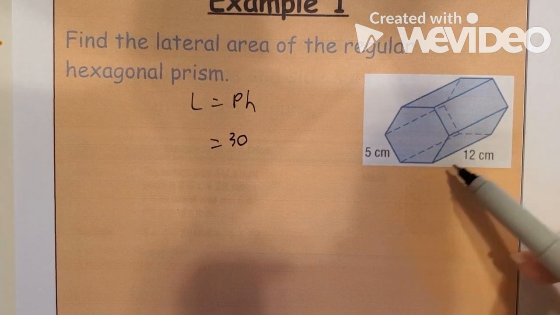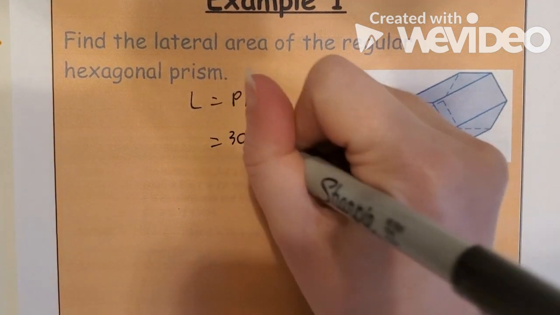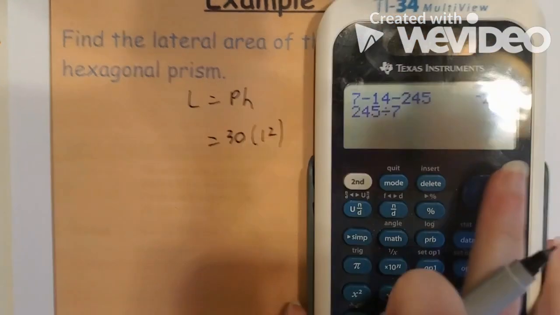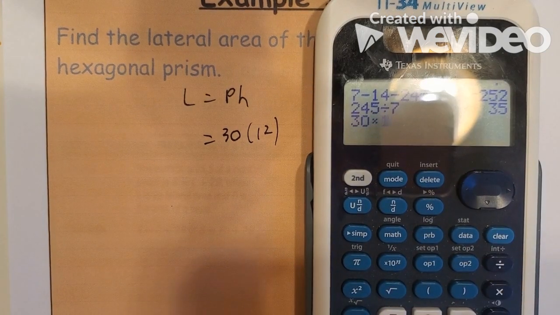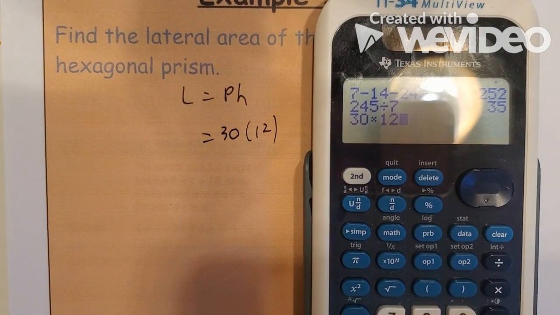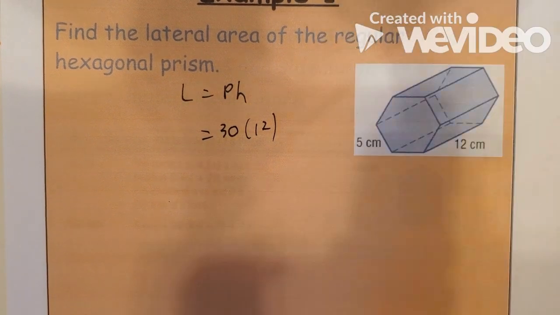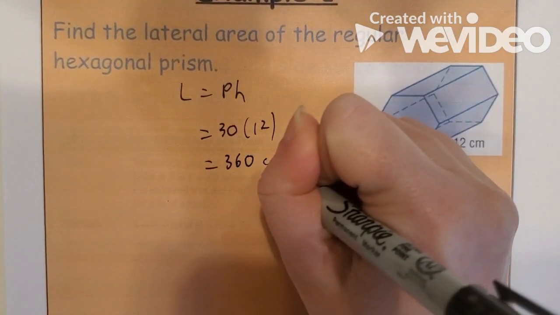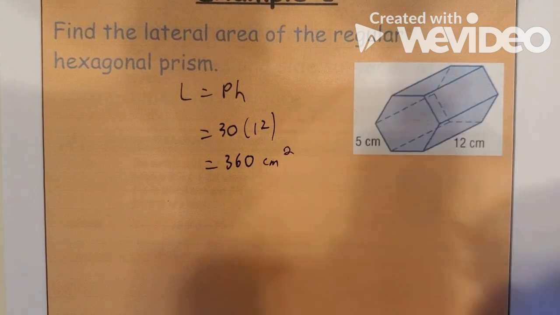And then this height of the prism right here is 12. So it's just going to be 30 times 12, which I'm blanking on, so I'm just going to do that on my calculator. Okay, 360. So the lateral area is 360, and don't forget units: centimeters squared.